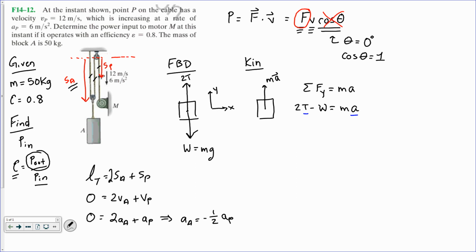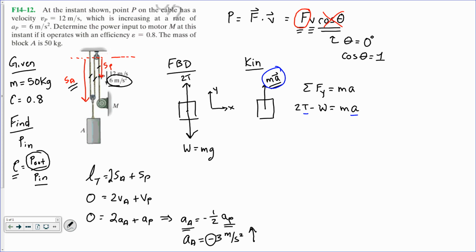But all I care about is the magnitude. I know that the acceleration of point P is 6 meters per second squared. That means the acceleration of point A is equal to negative 3 meters per second squared. That negative indicates that block A is moving upwards, which is exactly how I drew my acceleration in my kinetic diagram up here.